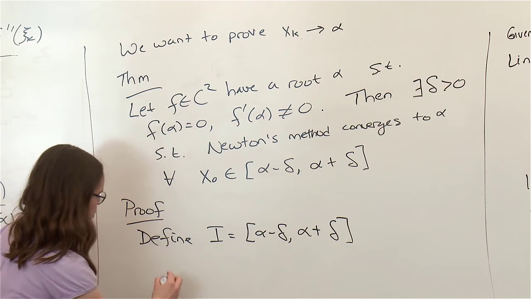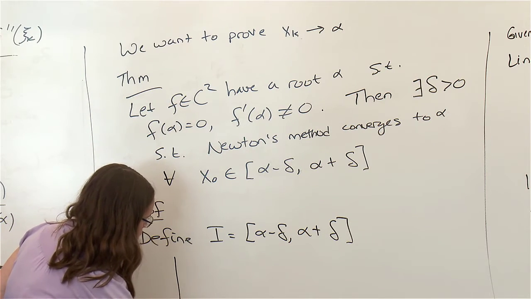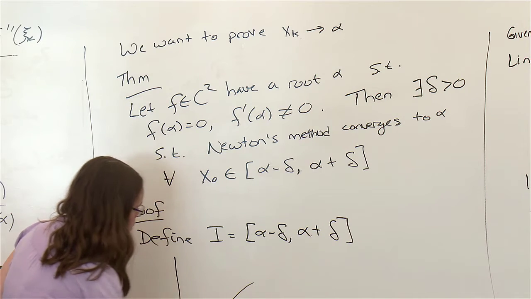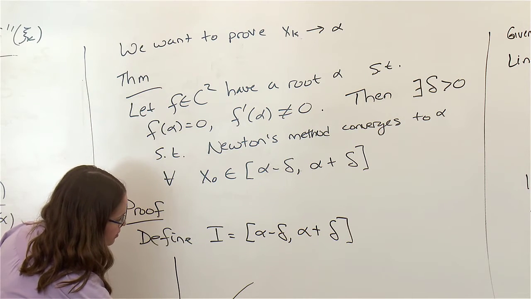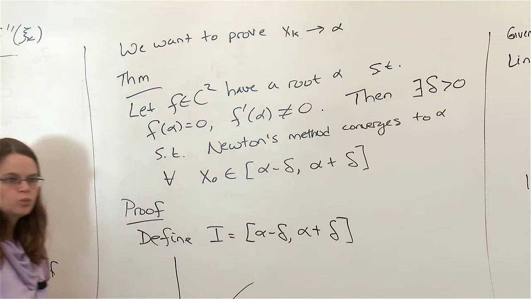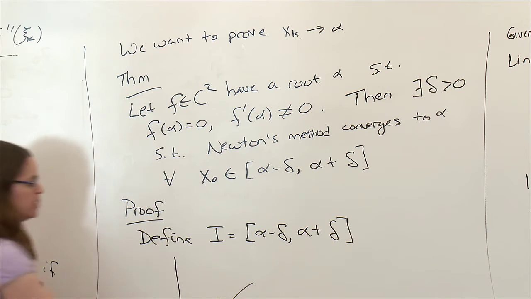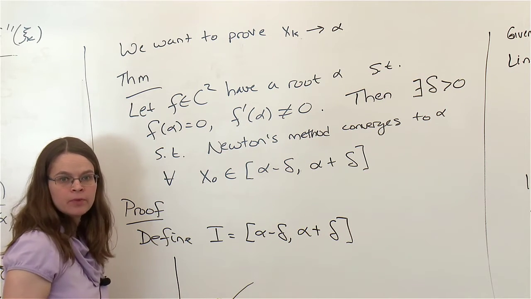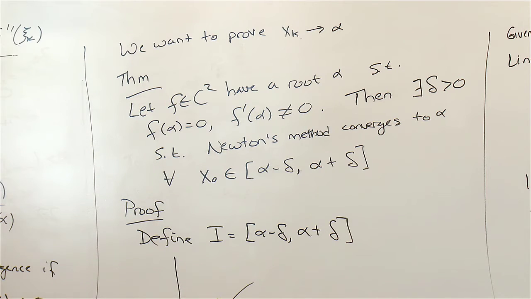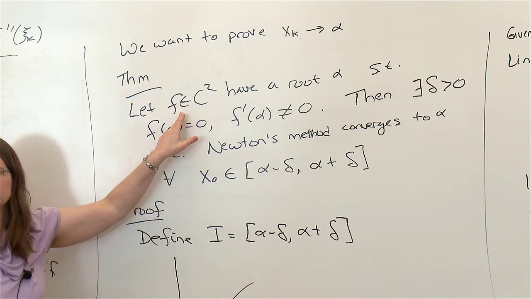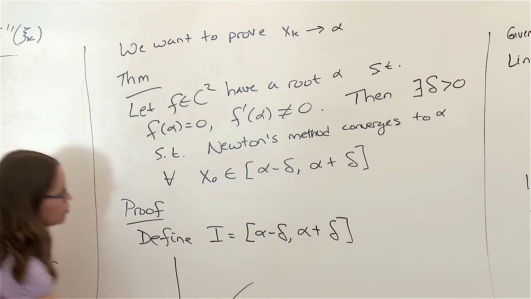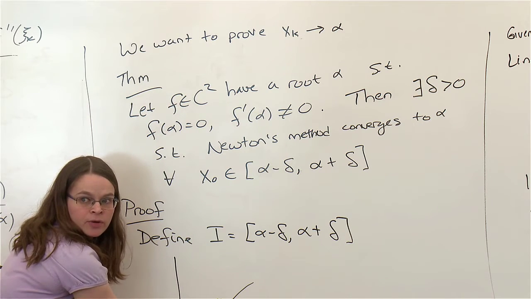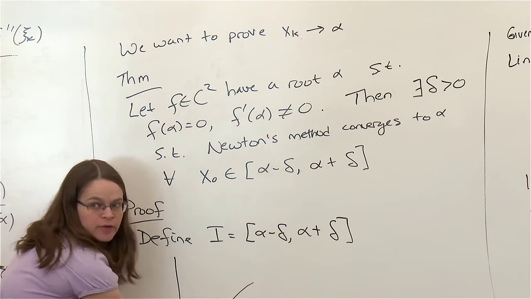And now, what do we know? Okay, here's our root. We know the root exists. We know f prime is not 0 at the root, right? We also know that the derivative of f is continuous. That's built in here. F has continuous first and second derivatives. So f prime is not 0 at the root, and f prime is also not 0 in a neighborhood of the root.